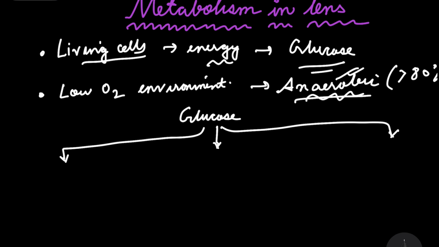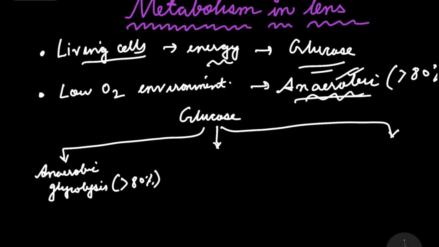I have already told you one of the ways that the glucose is going to be metabolized, that is anaerobic glycolysis. In fact, this is the major way of metabolism of glucose in the lens. Greater than 80% of the glucose is metabolized this way.